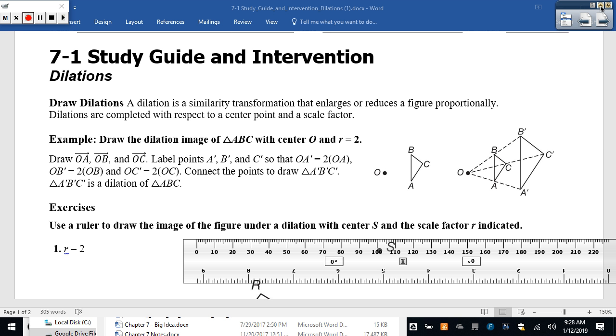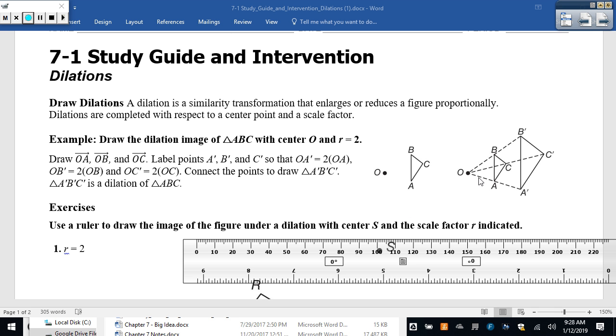There are a couple of things I want you to know and understand. I have seen in the past where they will give you two figures on the AIR test and ask, where's the center of dilation? If you look at this example, they've dilated triangle ABC with respect to this point right here.